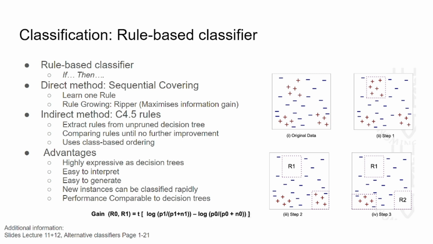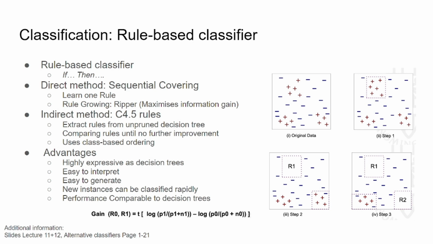There is a specific rule growing algorithm called RIPPER. We will not go into a lot of detail here, and I would not recommend learning too much about it for this exam. It basically maximizes the information gain with the rules, and selects for the sequential covering algorithm.